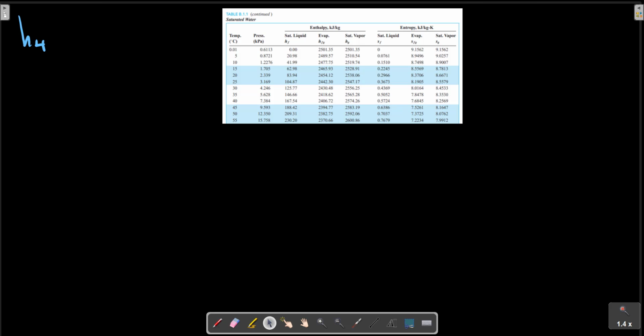Okay. For H4, consider this table. In this table we should first check the temperature 25 degrees.